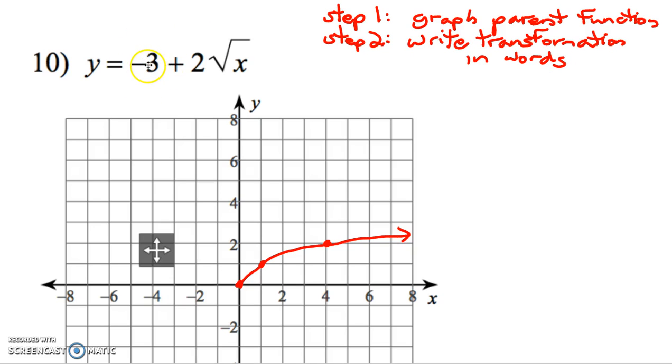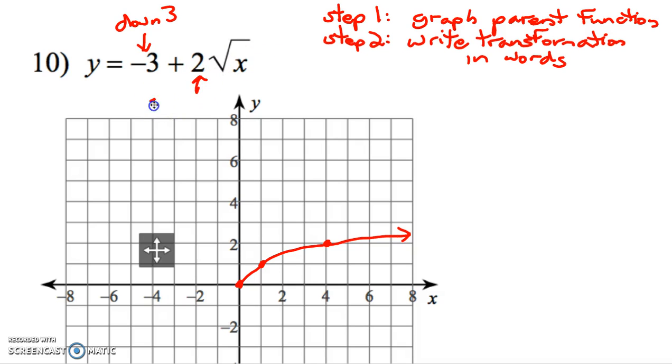And I see this -3, but it's being added to the square root portion of this problem, which means that it's a shift down 3. It could just as easily have been written at the end here after the radical. So be careful about that. It's a common way of writing it so that there's no mistaking whether it belongs under the radical or not.